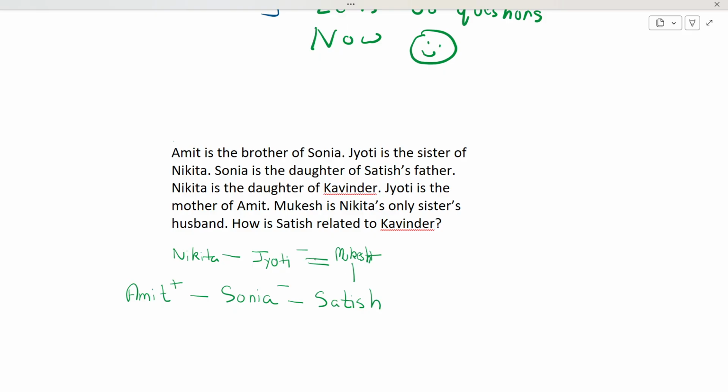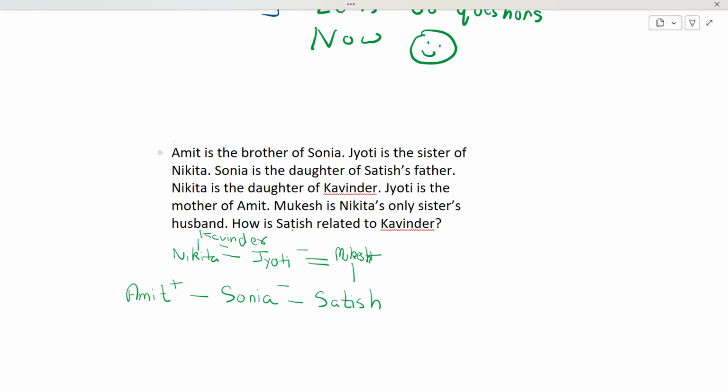Now, we have one more person to adjust, and if I'm not wrong, it's Kavinder. Nikita is the daughter of Kavinder. So Nikita is also a female. That means Nikita and Jyoti both are sisters and both are the children of Kavinder. Now, I don't know whether Kavinder is male or female, so we won't put any sign over here.